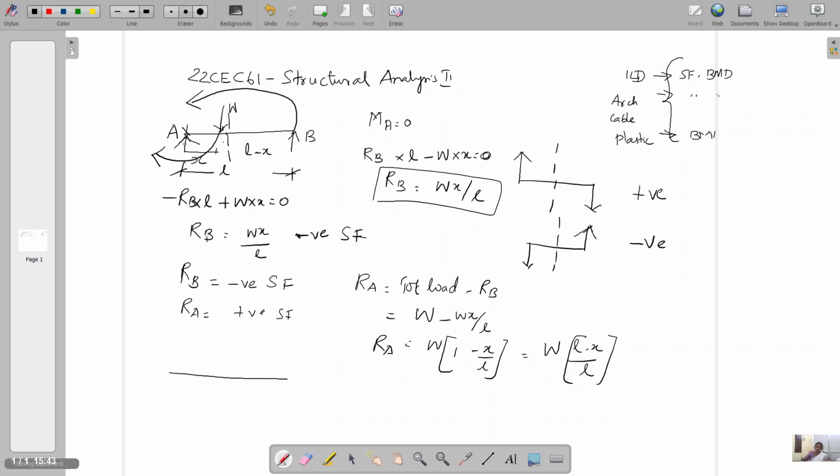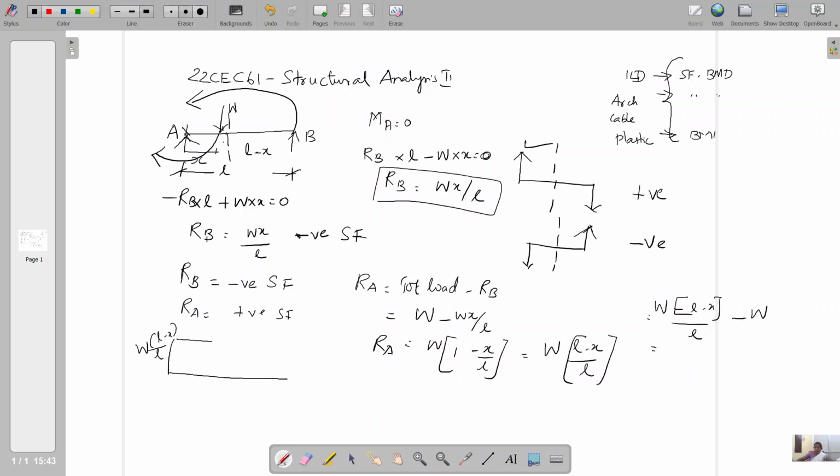So RA is left side upward, so it is positive. I am going to draw W into L minus x by L as positive, and it will extend up to W. If you deduct W, it becomes W into L minus x by L minus W.